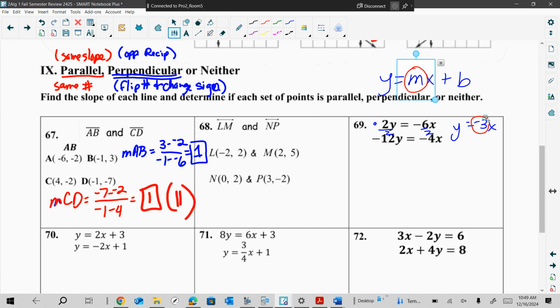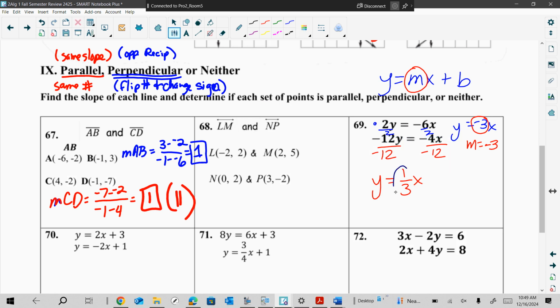So on this first equation, m equals -3. I'm going to solve the same thing, divide by the coefficient. This y equals -4 over -12 can reduce to a positive 1/3 x.